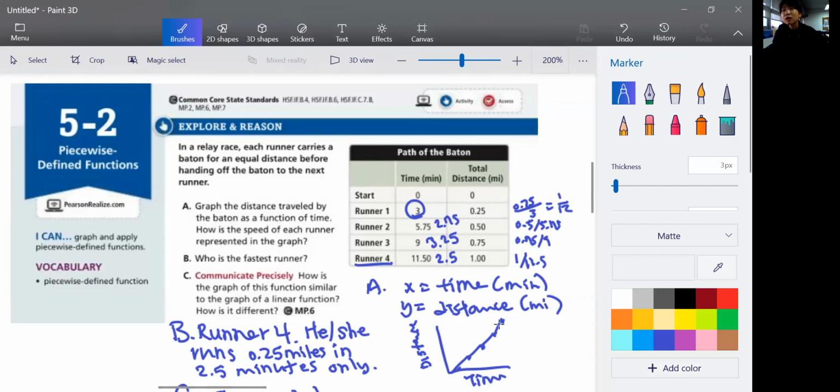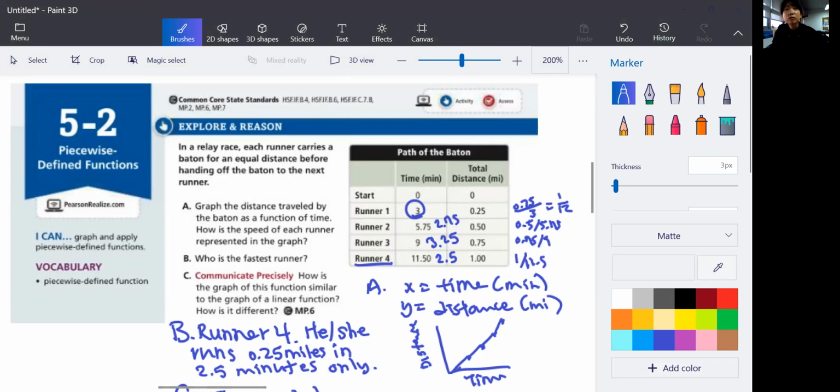So there are going to be 4 different segments, and they're all going to have different slopes because all their speeds are different, right? X is going to represent time in minutes, and Y is going to represent distance in miles.